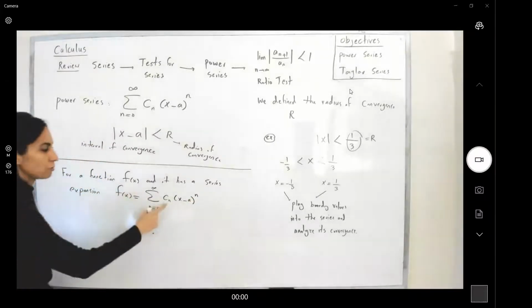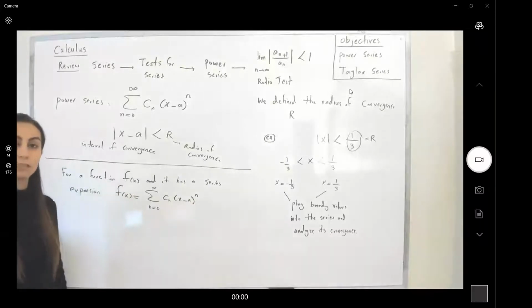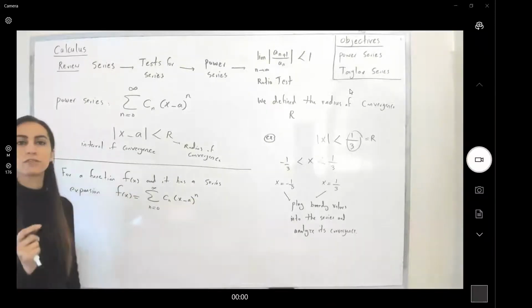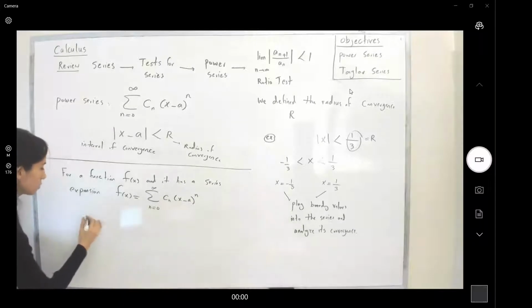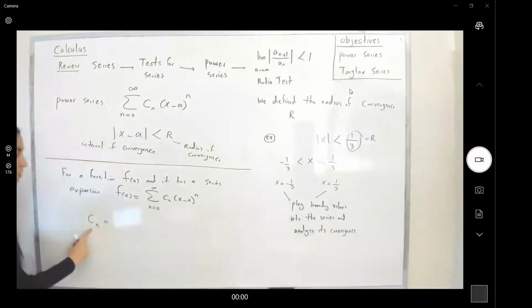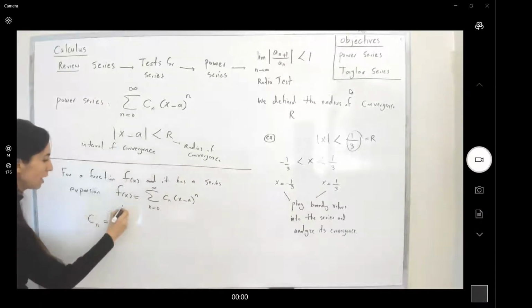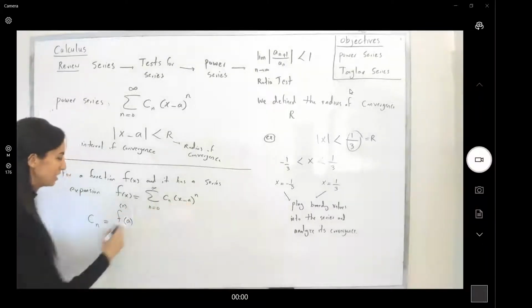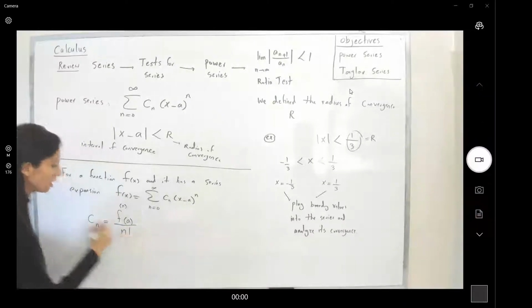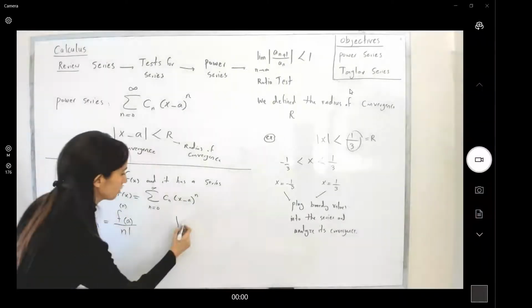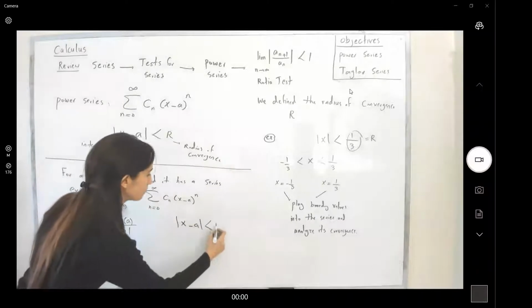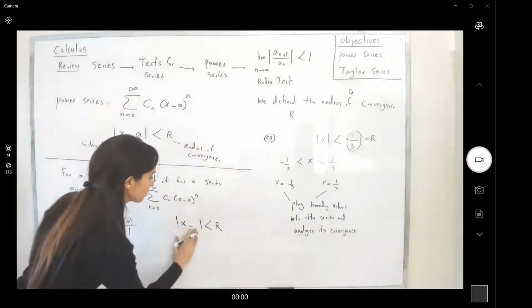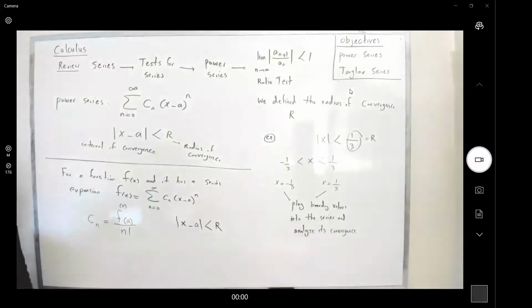There is a connection between these coefficients, these numbers, and the derivatives of this function. So Cn, all these coefficients, can be written as the nth derivative of the function evaluated at a, center a, divided by n factorial. And remember that you have to include the interval of convergence as well.